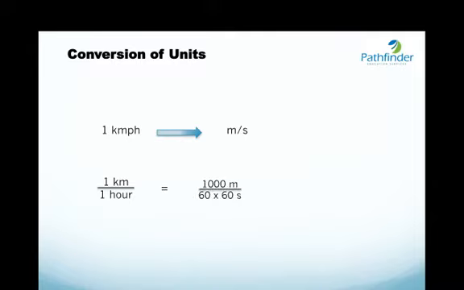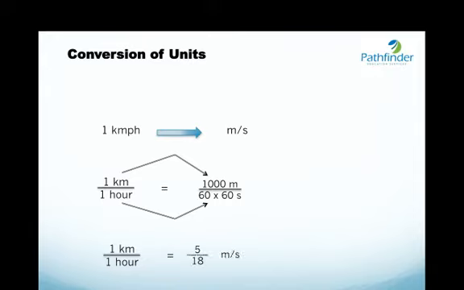So you have 1000 meters in the numerator, you can see there, and you have 1 hour converted into seconds, which is 60 into 60 seconds. And on simplifying 1000 meters upon 60 into 60 seconds, you will get 1 kilometer per hour is equal to 5 by 18 meters per second.